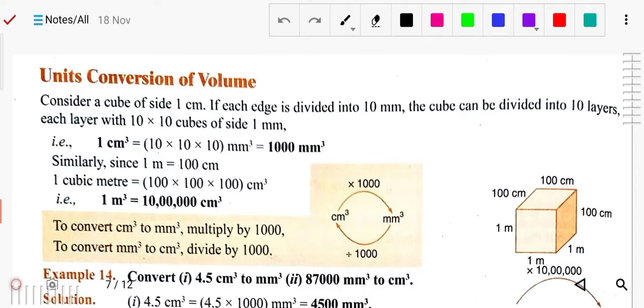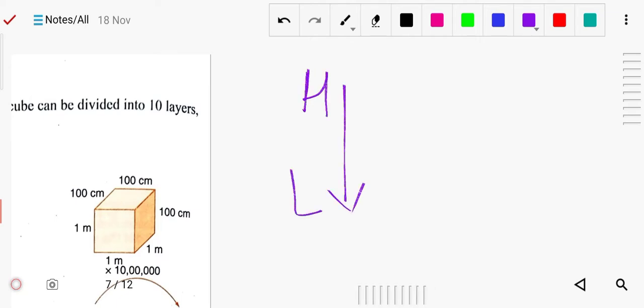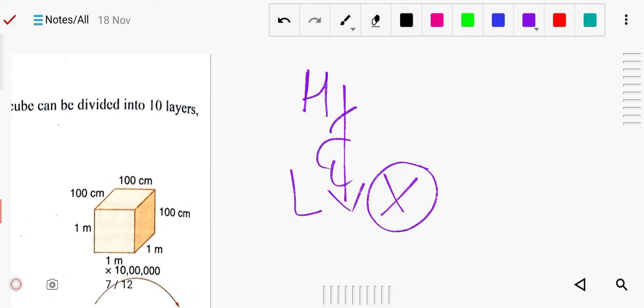As you already know, we are converting units. If we are converting from the highest unit to the lowest unit, we multiply, depending on how many steps we cross.